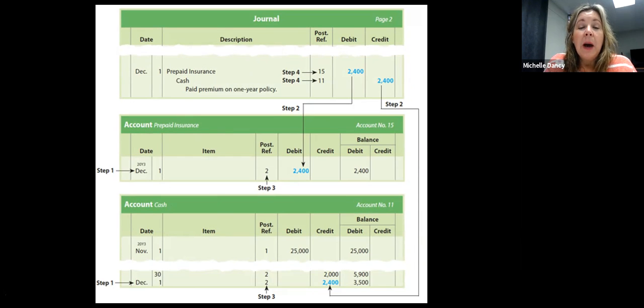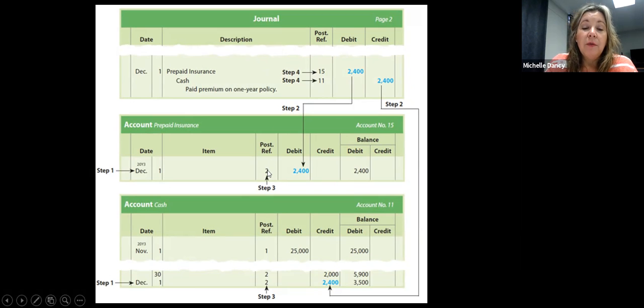So when I post, I'm going to go up here to the journal, and in the posting reference column beside prepaid insurance, I'm going to put 15 because that's the account number of prepaid insurance. And in the posting reference column on the cash line, I'm going to put 11 because that is the account number for cash. So our posting reference in the journal shows what account number I posted to.